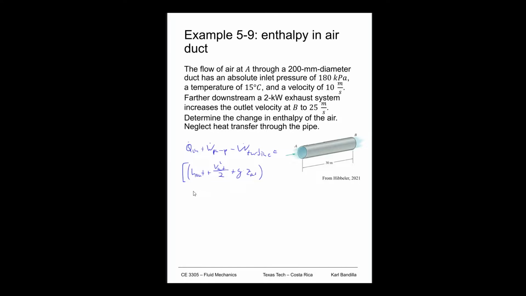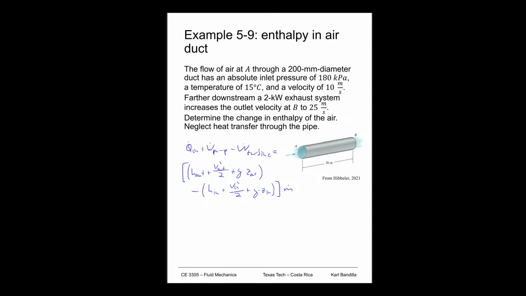And let's write the rest on the second line here. Minus enthalpy at the inlet point plus V in squared over 2 plus g times z in, and all of that times the mass flow rate.